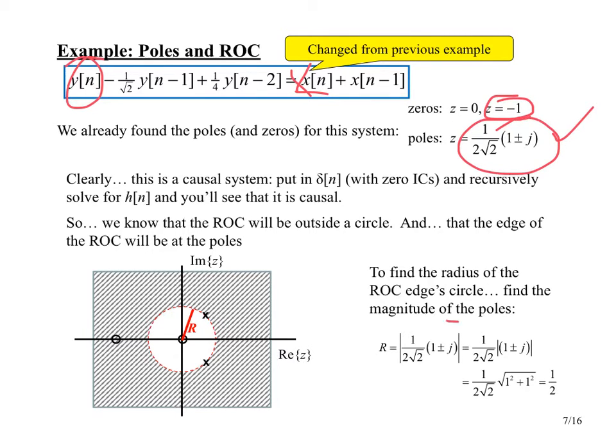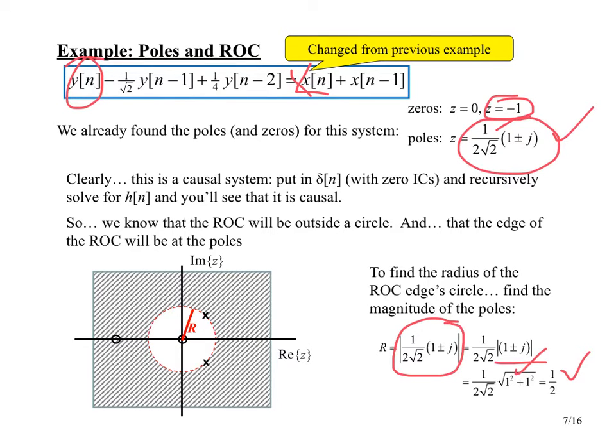So we're just taking the magnitude of that complex number. We pass the magnitude in through that positive real number out in front, 1 over 2 square root of 2. So we now have magnitude of 1 plus or minus j, apply the formula for computing the magnitude of that, and we find out that the radius of our region of convergence circle is 1/2.